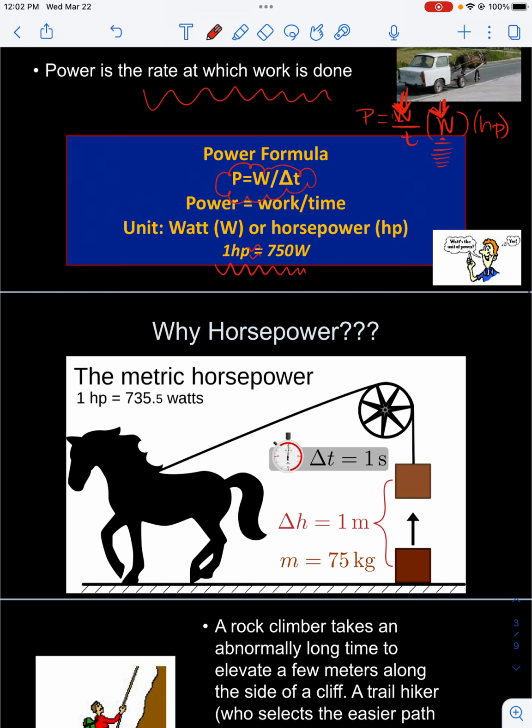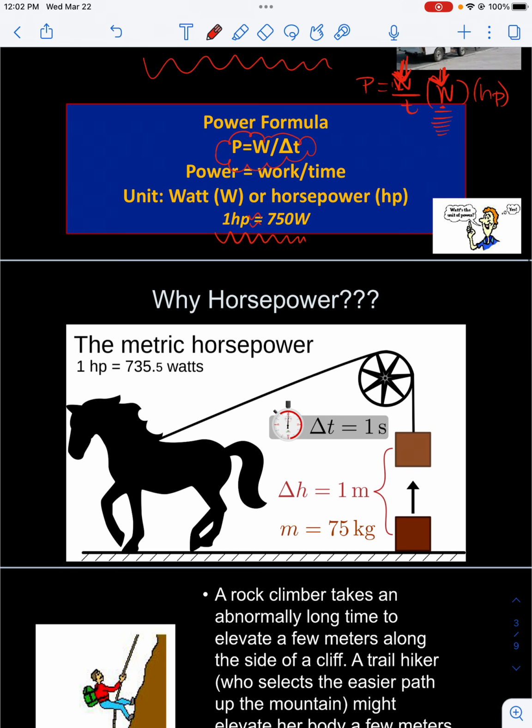So why do we use horsepower? That was one of the earliest forms of the units of power. The way they found the conversion between horsepower and watts is they took a mass of 75 kilograms, and a horse moved it 1 meter in 1 second.